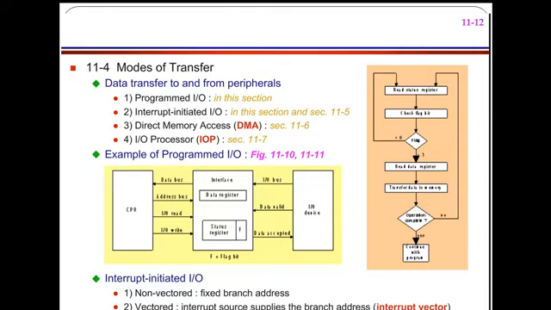Actually only three methods are available: programmed IO, interrupt initiated IO, and DMA, direct memory access. One by one we'll get into the detail of this topic, modes of transfer.